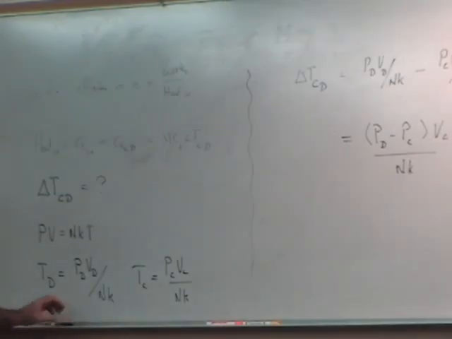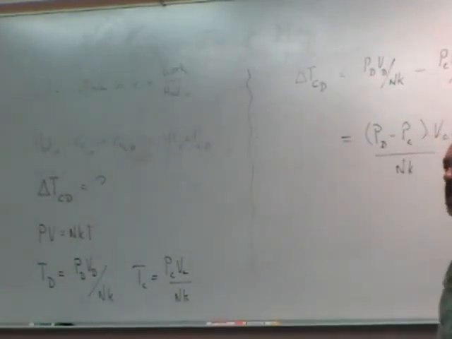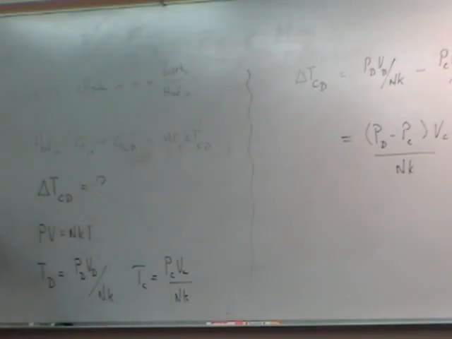What happened? What I did was just simply call VD VC. Is that fair? Yes, it's isochoric. The volume at C and the volume at D are identical to each other, so please don't get heartburn over that.